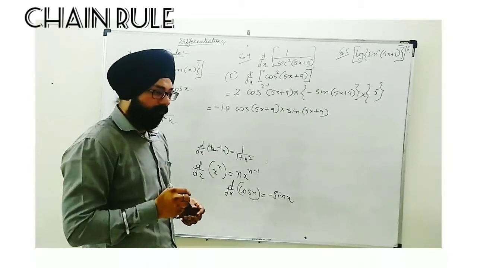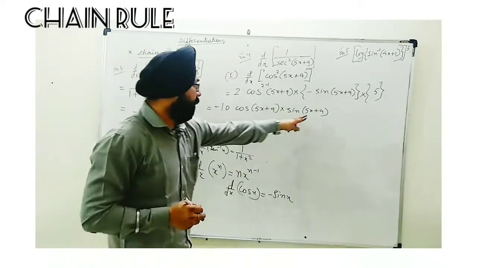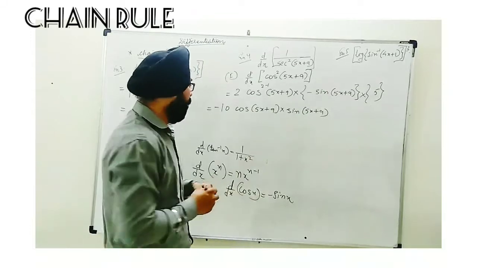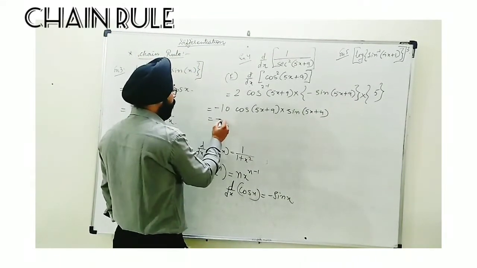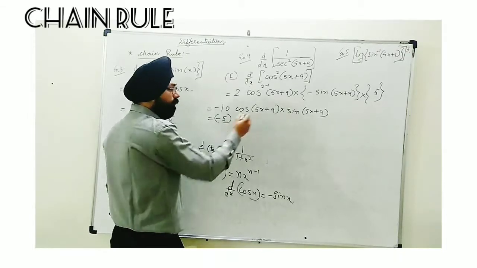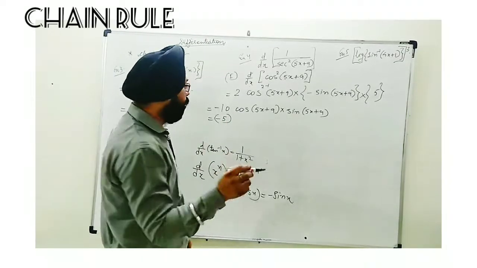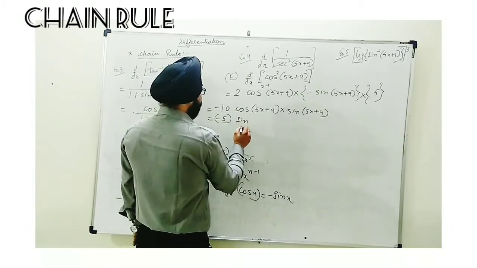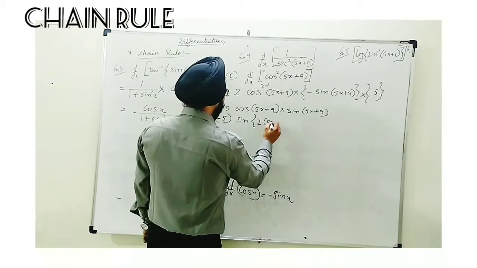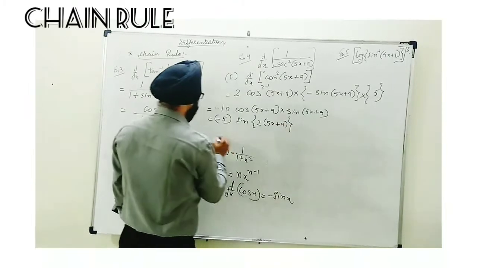You remember there is a formula 2 sin theta cos theta. These two are the same values of theta. So if I take 2 from the factor 10, I am left with minus 5 only. 2 sin theta cos theta is sin 2 theta. So this can be written as sin twice of 5x plus 9, which will become shorter.